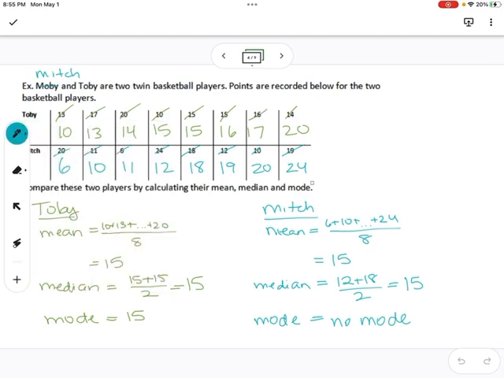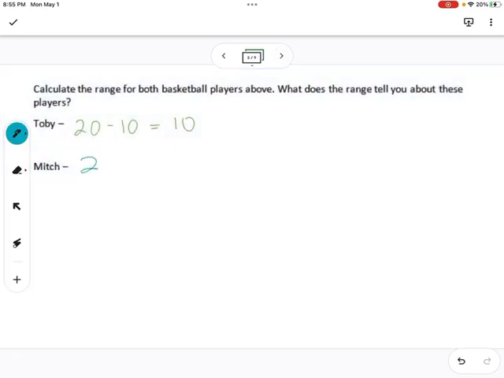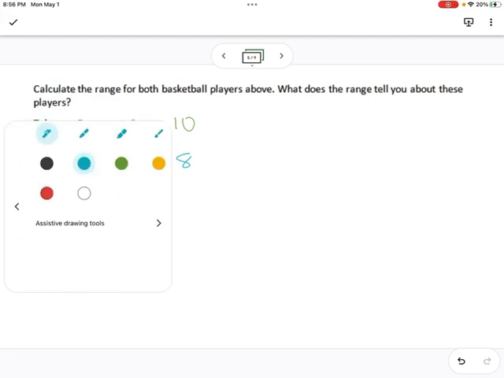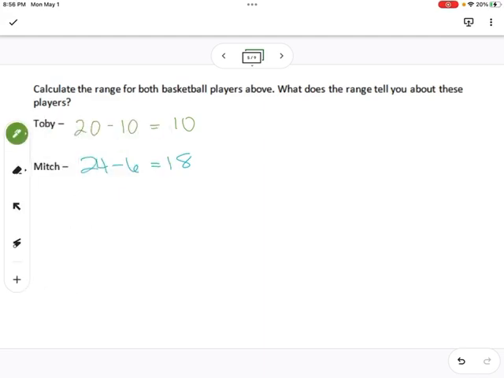So 24 minus 6 gives us 18. Okay, and what does the range tell us about these players? The lower the range, the closer the numbers are. So with Toby having a lower range of 10, we can say that Toby is more consistent.